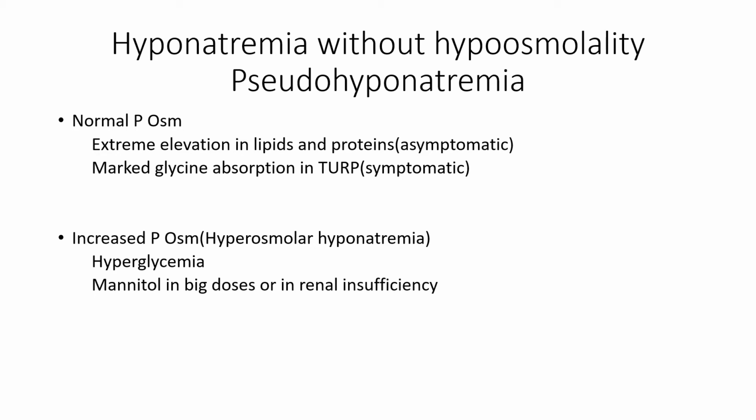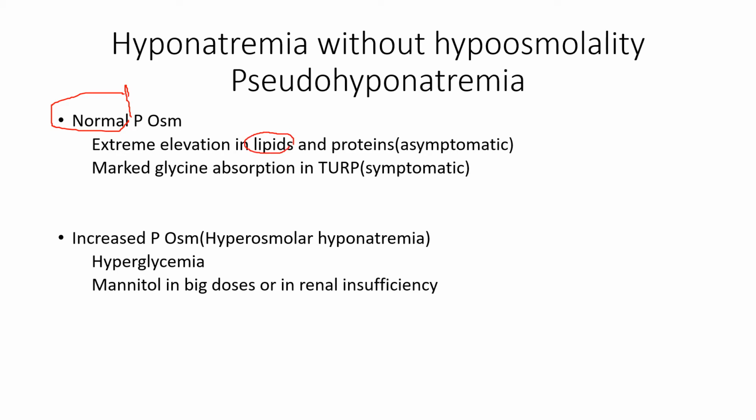We have either hyponatremia with normal plasma osmolality, ودي ممكن نشوفها في حالتين: extreme elevations in lipids and proteins, and in particular lipids is the most popular in this respect, and here the patient is asymptomatic.